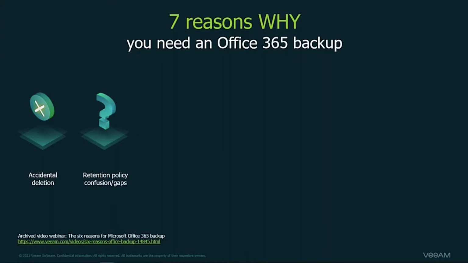Next, retention policy gaps and confusion around those gaps. Sometimes we might even think that retention policies actually serve the purpose of a backup. And really, it's all about making sure that you have a separate copy of the data that you can recover from beyond just those limited retention policies, which, of course, are for legal and compliance purposes really only.